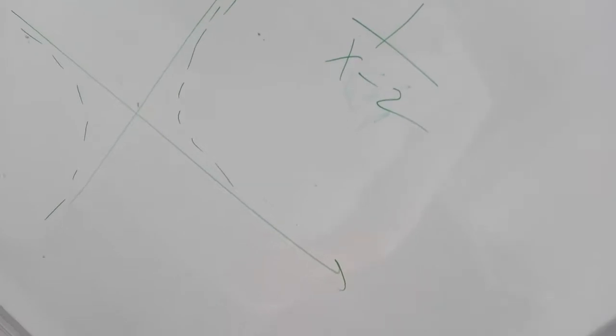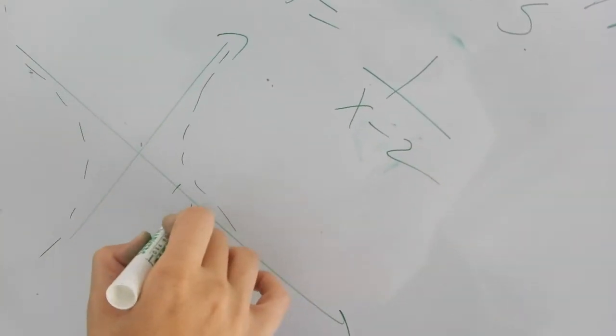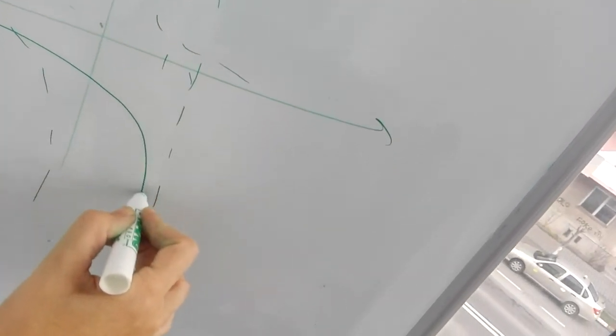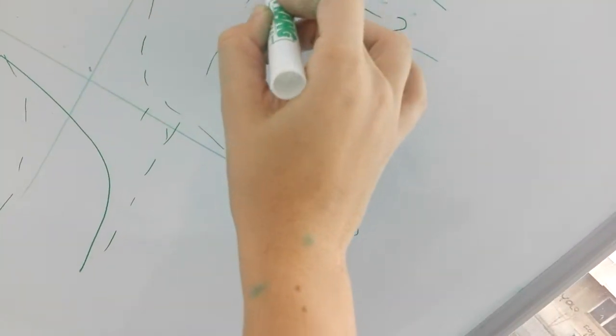And 1 over x minus 2, this will generate an asymptote in 2. 1, 2. Over here I'm going to have an asymptote. And my new graph will be something like this. Over here and over here. Okay, so this would be my 1 over x minus 1, or 1 over x minus 2 function.